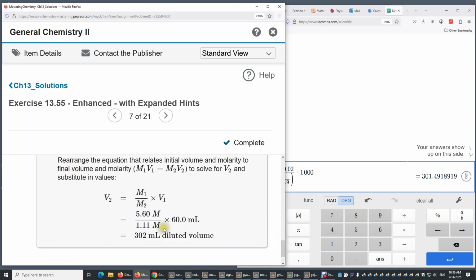And then finally, they computed the volume of the diluted solution. They used this equation, but this equation originates from the conservation of the amount of potassium iodide before versus after the dilution process.